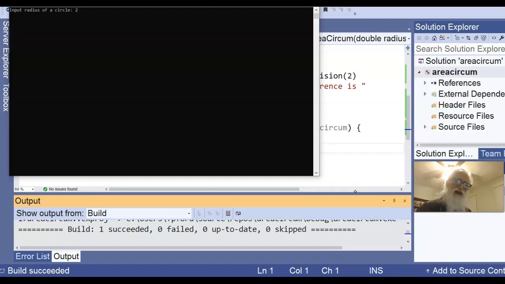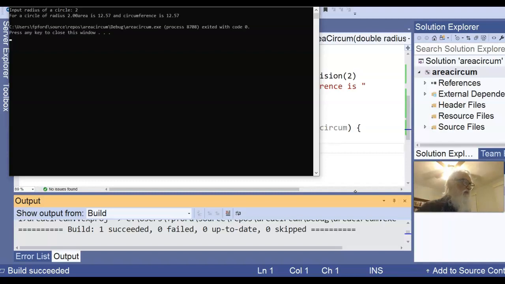And 2 pi r, 2 would be 4 times 3 point something. They come out pretty close, but we'll see. I think they're right. Pi r squared is right. Yeah, the other one is pi times r plus r. And I think that is correct.